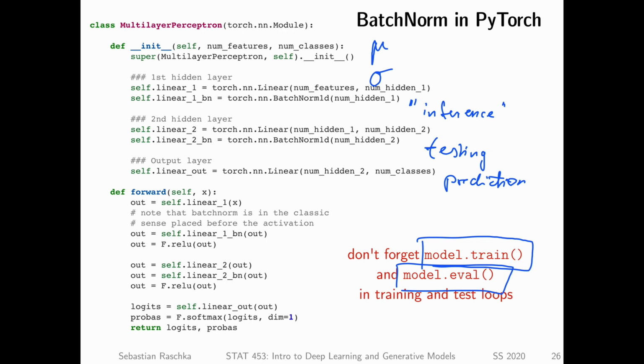Imagine you are Google, you have your deep learning model for doing language translation or returning search results. You have maybe one customer, and you want to give the customer your prediction. You don't want to wait until you have a mini batch of 32 customers before you do your prediction, right? You want to process them one by one, not wait until you have a full mini batch of customers before you do some computation.